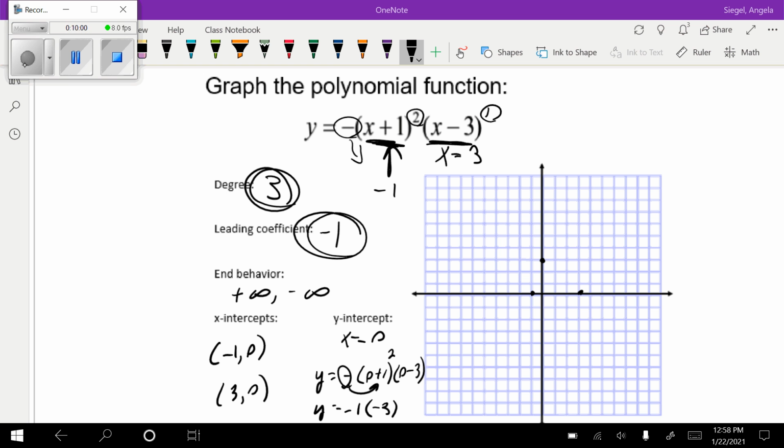Okay, so we're going to use this as our guide to kind of help us. So I know that it starts up here, it starts in positive infinity, just like it told us to do, and it goes through the y-intercept, and then it's going to bounce again, and it's going to go down in negative infinity.